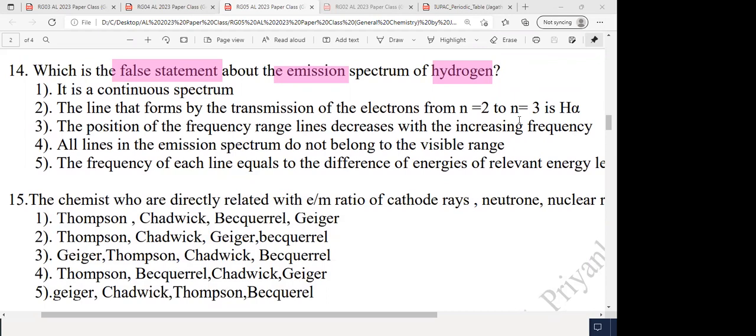First and second and fourth. So the false one, actually the answer is first. Ransiluni correct, Chaniti correct. Only Ransiluni and Chaniti are correct.